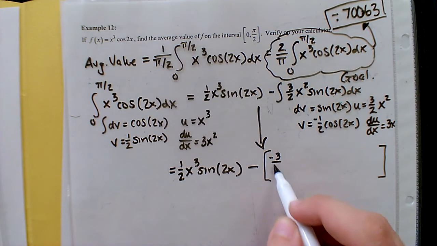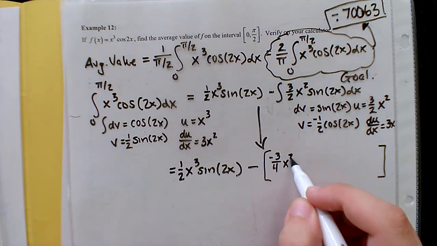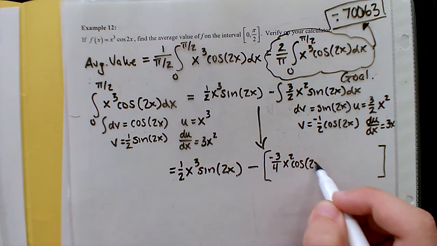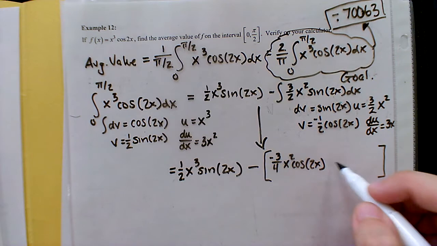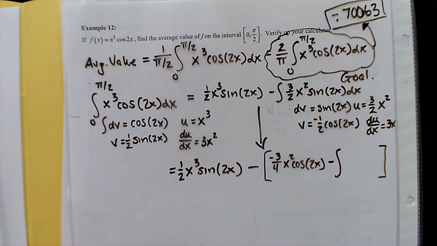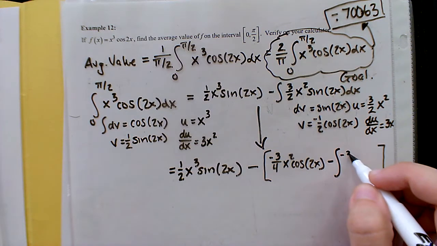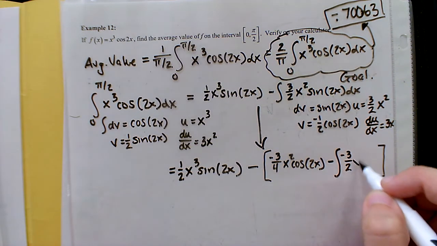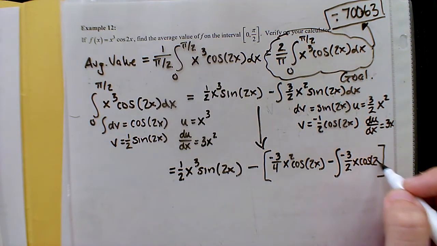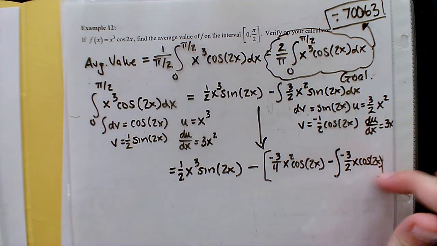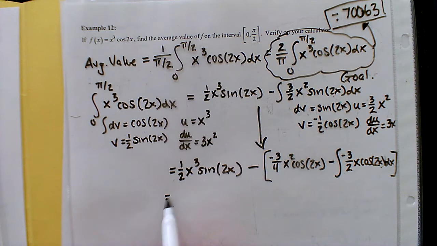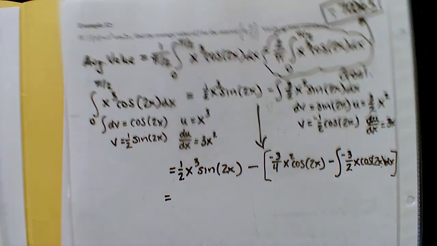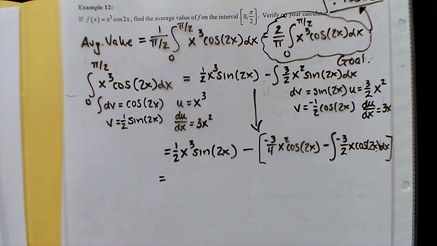So we'd have a negative 3/4 x squared cosine of 2x minus the integral of v du, so negative 3/2 x cosine of 2x dx. We're doing okay so far?